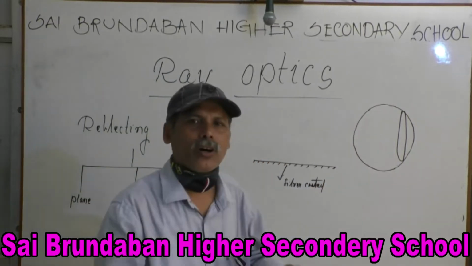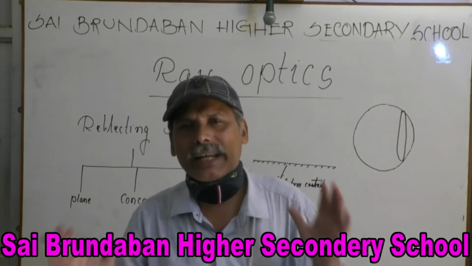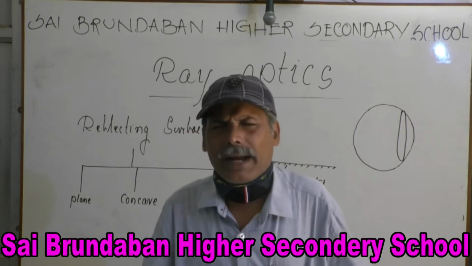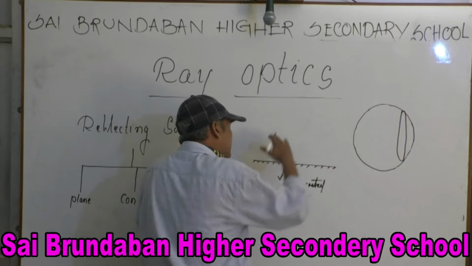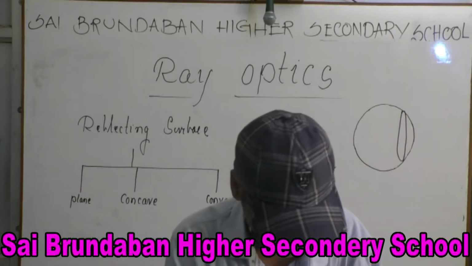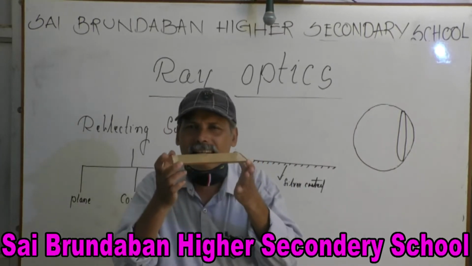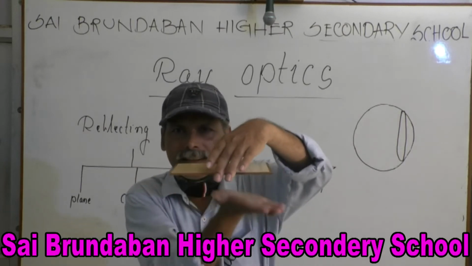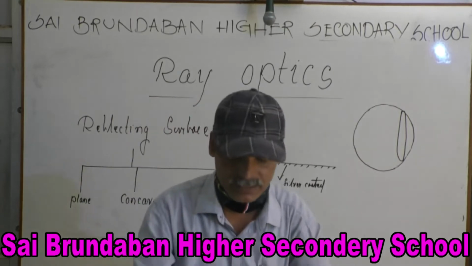That is silver coated, there is one coating given and that acts like opaque. So this surface, let's say this is the thin glass plate. If we silver coat this side, then no doubt this side will be the reflecting surface.